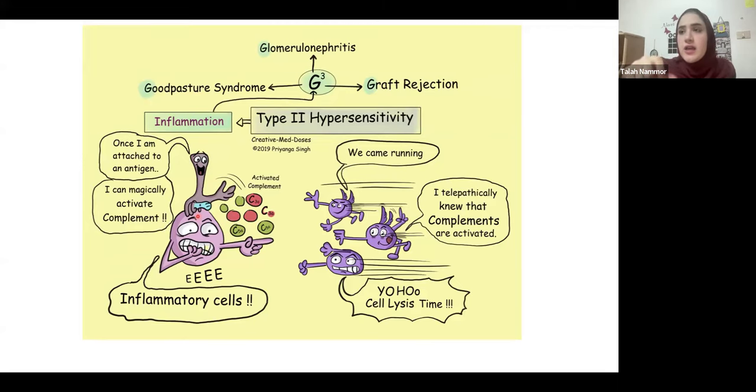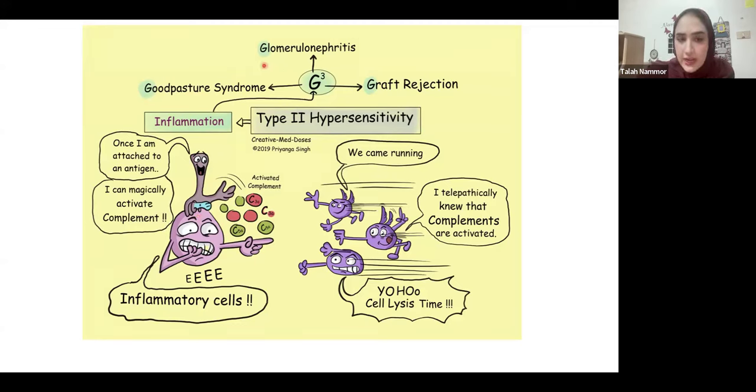What happens is our body, when it's trying to fight off this bacteria, will create antibodies against the M protein. These antibodies can mistake our heart cells for M proteins, and they'll attack them and basically cause rheumatic fever.